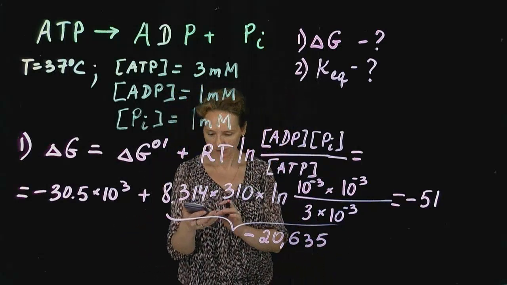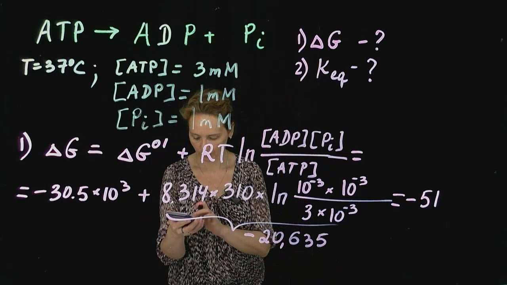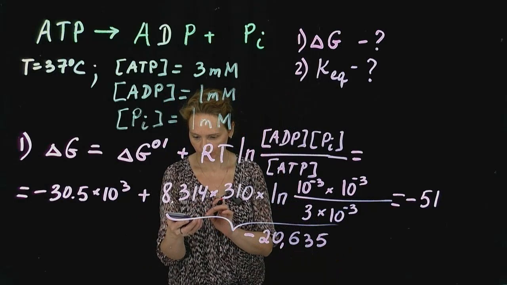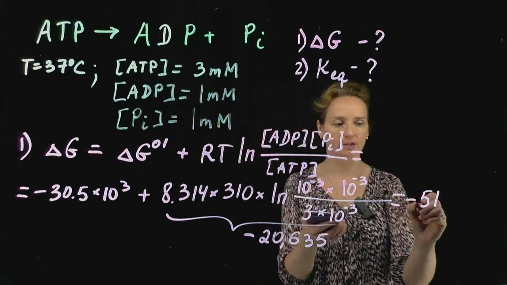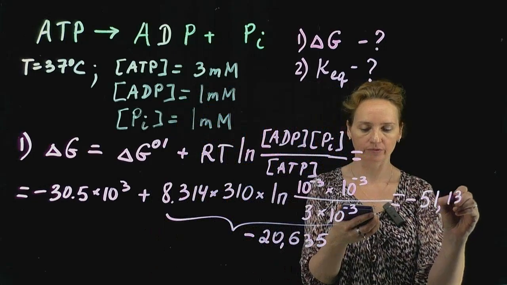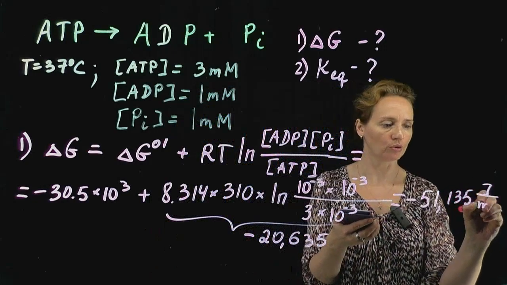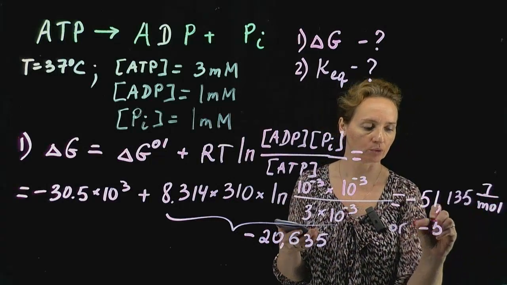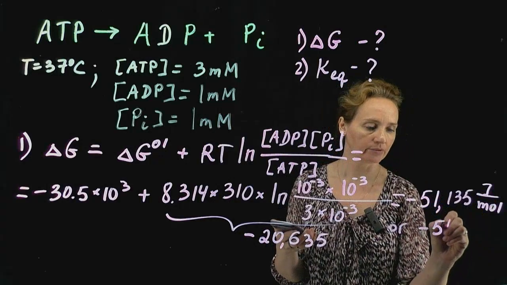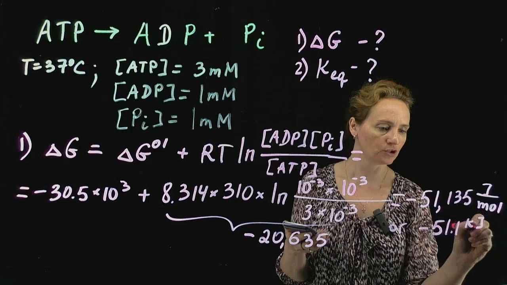And so we are adding 30,500. And as a result, the value will be minus 51,135 joule per mole. Or we can say that it's going to be about minus 51.1 kilojoule per mole.